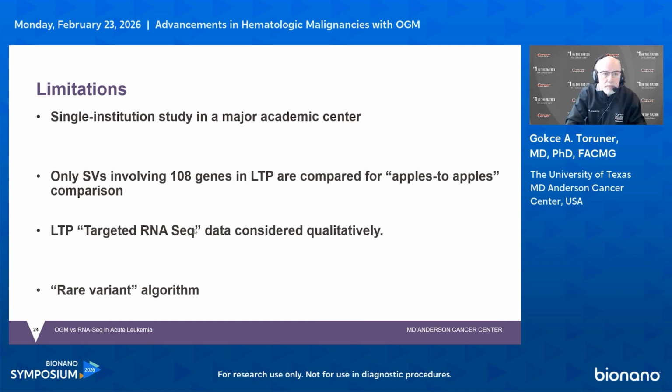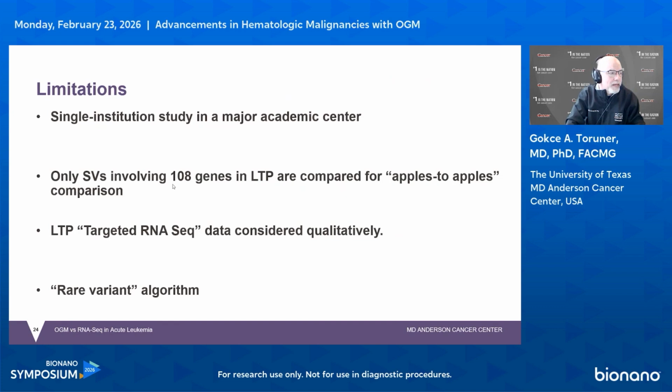So, what are the limitations of these studies? Well, this is a single institution study in a major academic center. MD Anderson is a very big cancer center, but other experience in the world may be different. This is just how things are seen in our neck of the woods.